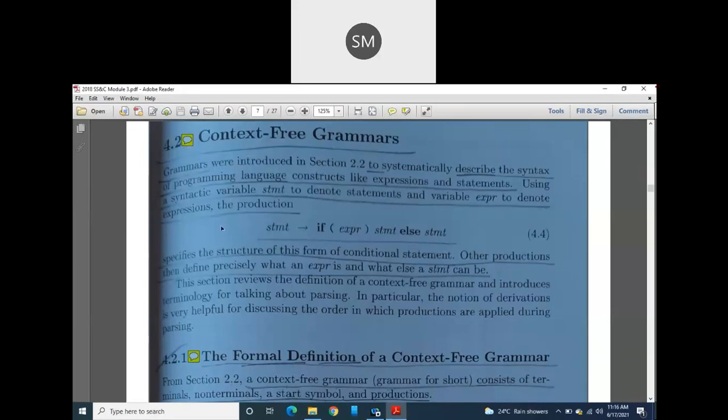Context-free grammars. Grammars are nothing but a set of instructions, a set of productions, a list of productions with some non-terminals and terminals. What are these productions going to describe or explain?